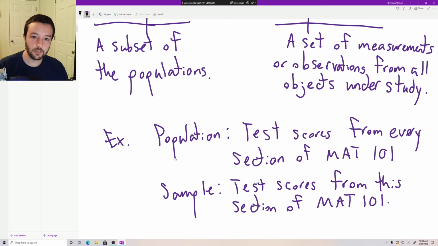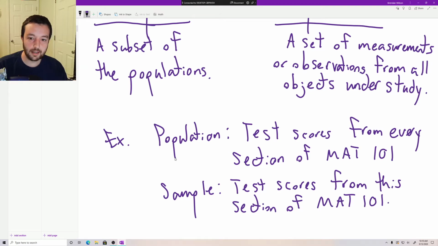And typically we want to use the sample in order to make predictions about the population, because a lot of times the population is too big for us to study the entire thing, right? If a news organization wants to do a study about who they believe is going to win the presidential election, they can't ask every single person, right? It just wouldn't be feasible.